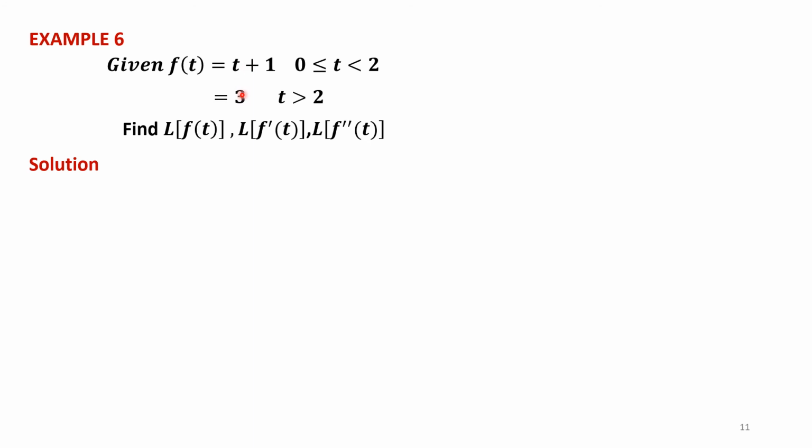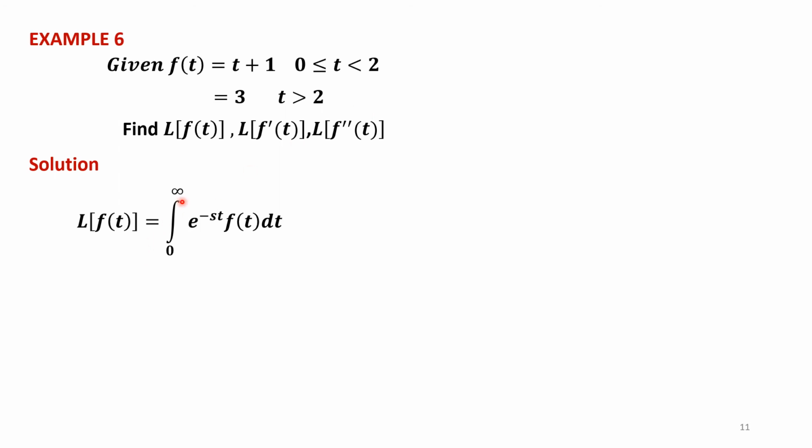F of t is defined in 2 intervals. So make use of the basic definition of Laplace transform to get L of f of t. So L of f of t is integral 0 to infinity e raised to minus st into f of t dt. Now f of t is defined in 2 intervals, one from 0 to 2, other from 2 to infinity.